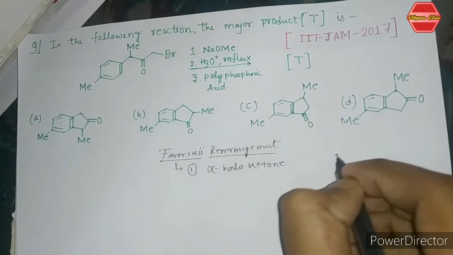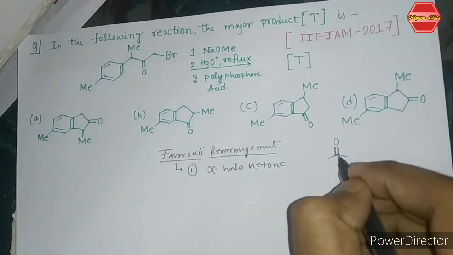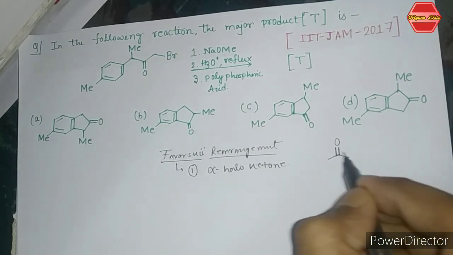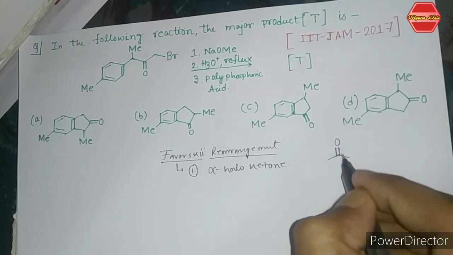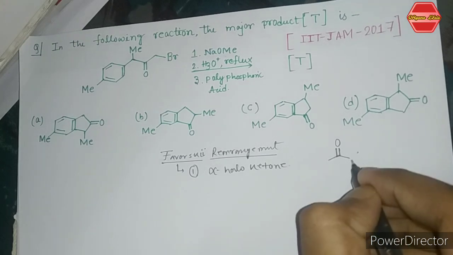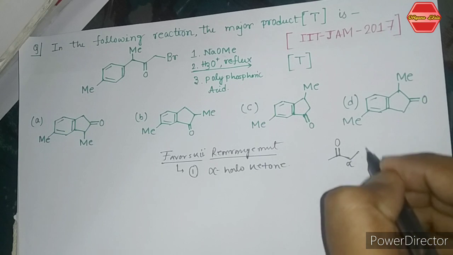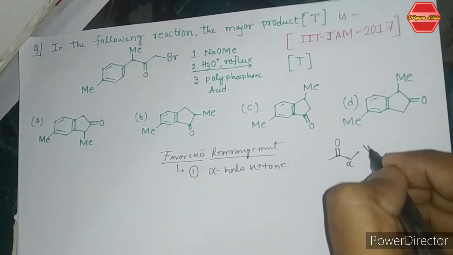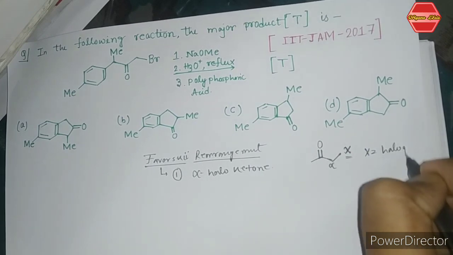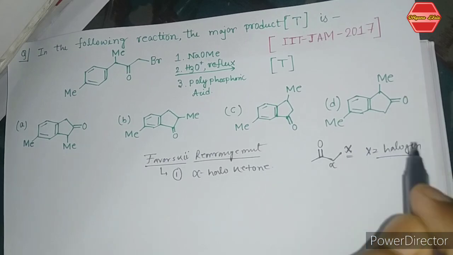If this is acetone, there is a methyl group and a methyl group. This is the functional group, and the position adjacent to the functional group is called alpha. And if there is a substitution by any halogen, here X is any halogen, then this type of compound is called an alpha haloketone.